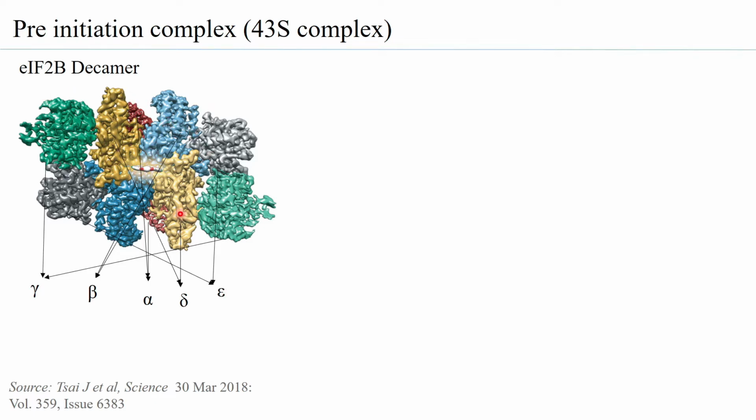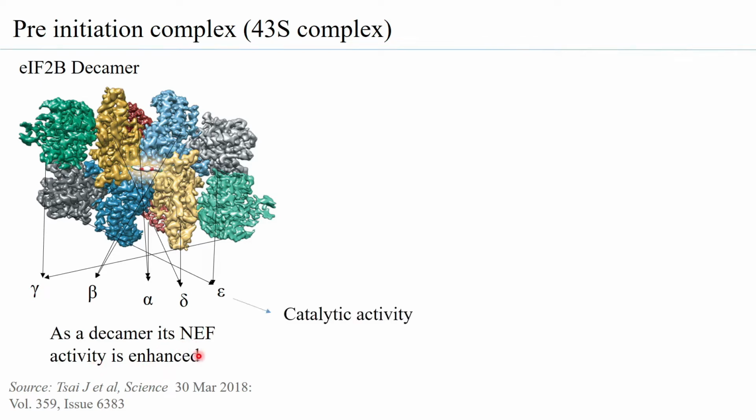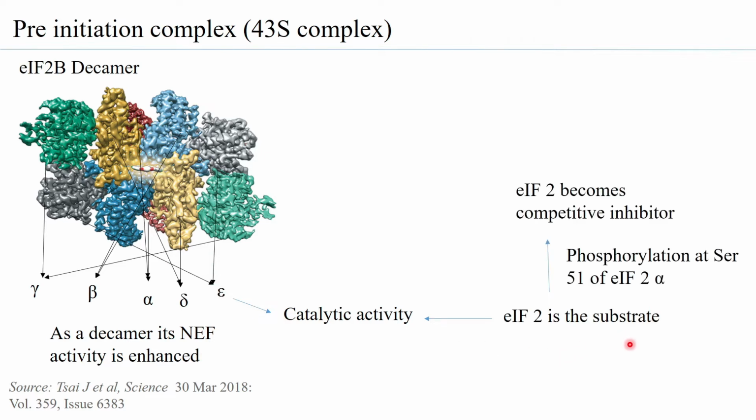Now it is interesting to note that if EIF2B is a decamer, then it has an enhanced NEF activity. NEF means nucleotide exchange factor. Now, of all these subunits, it is the epsilon which has the catalytic activity, and of course EIF2 is the substrate. Now, considering the fact that EIF2 on phosphorylation, specifically at serine 51, which is conserved, the EIF2 itself becomes a competitive inhibitor for the catalytic activity of the EIF2B.